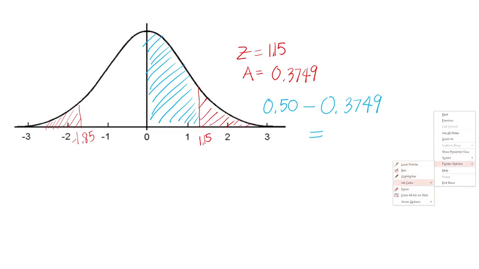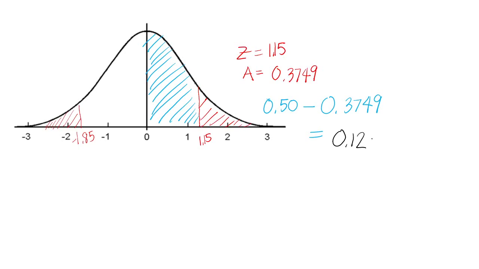It is 0.1251. So that is this part. Okay, let's go to the other side. We now know that the area to the right of 1.15 is 0.1251.